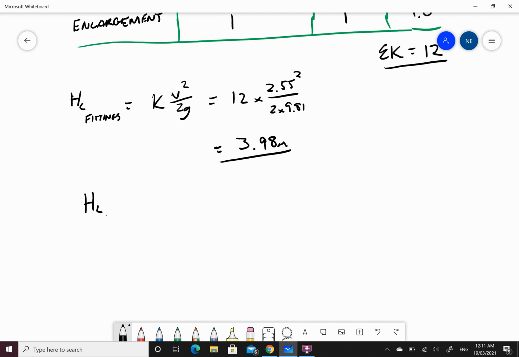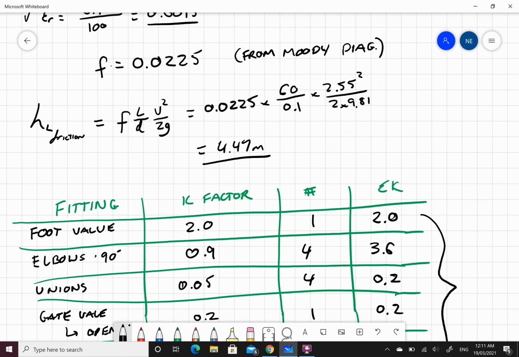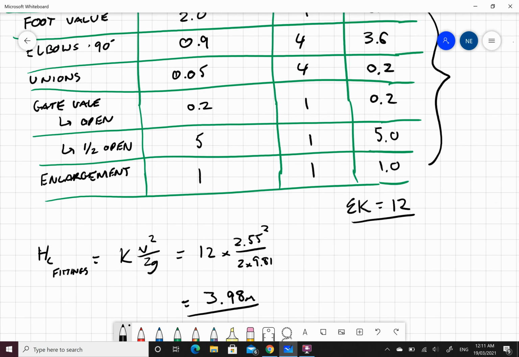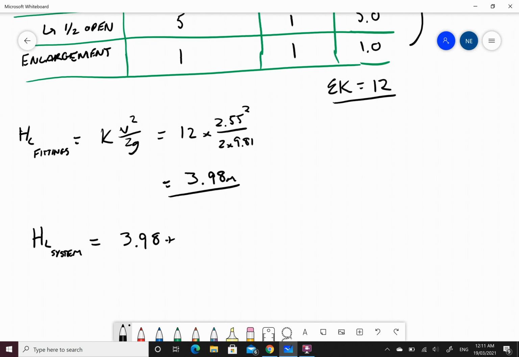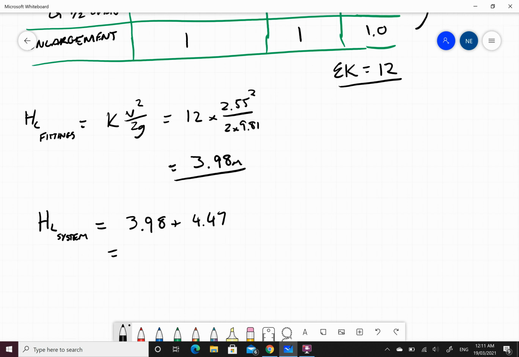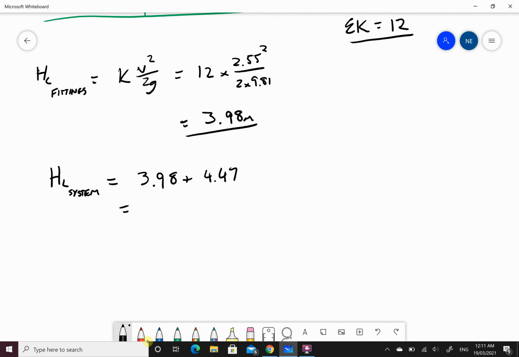Our head loss in the system is equal to my head loss due to fittings plus my head loss due to friction, 4.47, and all of this equals 8.45 meters. So there's my system head loss.